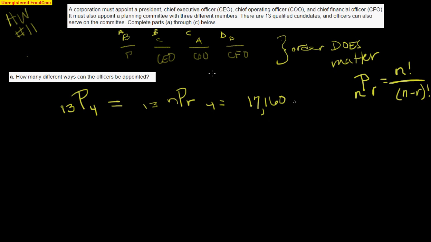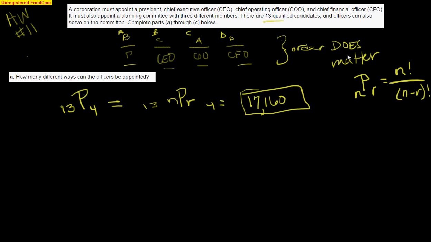So there are 17,160 ways you can choose these 4 different positions out of a set of 13. So how good are your chances for you and your 3 best friends to get those jobs? They're pretty small, huh?